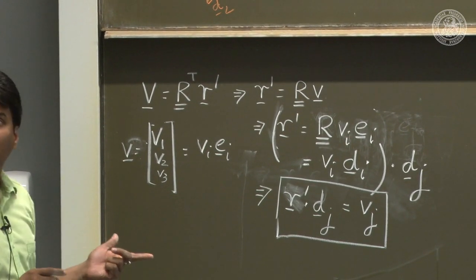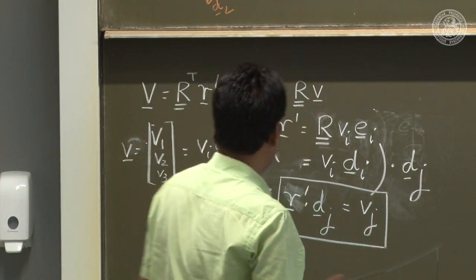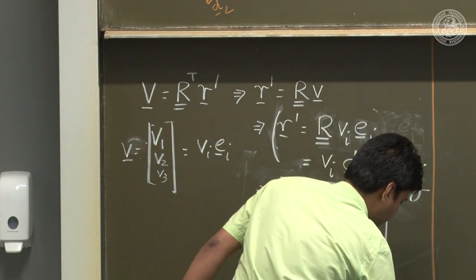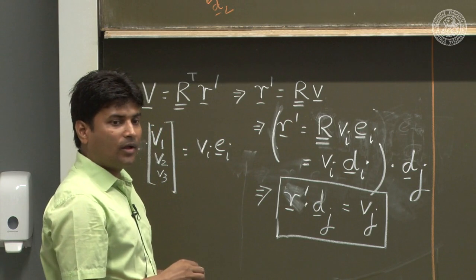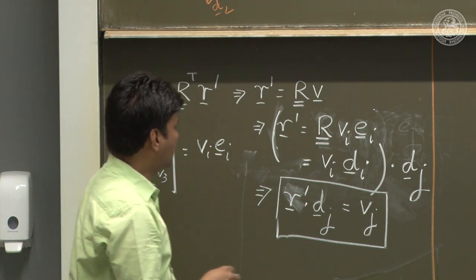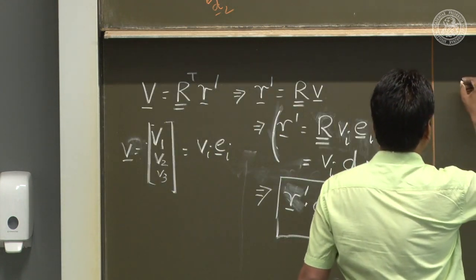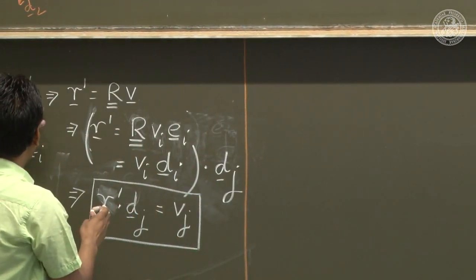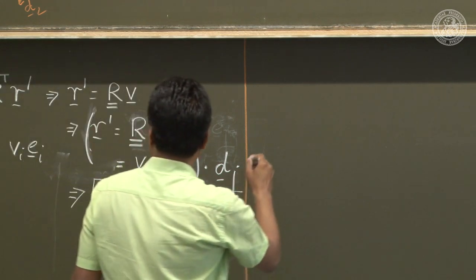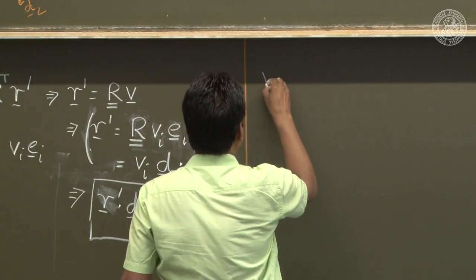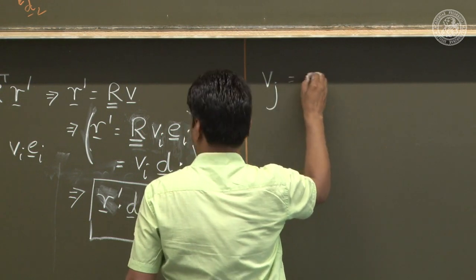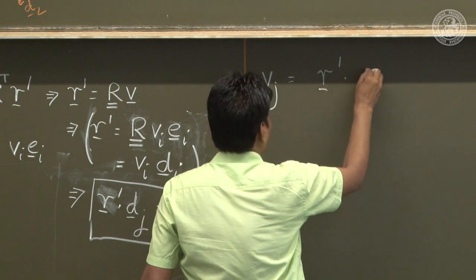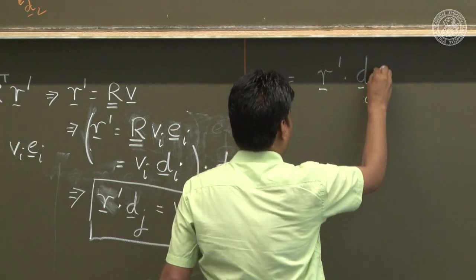And what's the meaning of V1, V2, V3, for example? If I want to find out the meaning, I think that can be seen if I use the fundamental theorem for this derivative. So your Vj is small r prime dot dj.